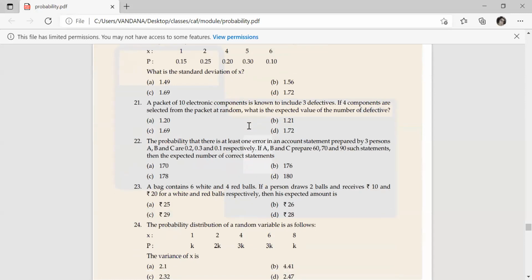Then the next one, the probability that there is at least one error in an account statement prepared by 3 persons is given. If A, B, C prepare 60, 70, 90 statements, then the expected number of correct statement. At least one error हे आहे.